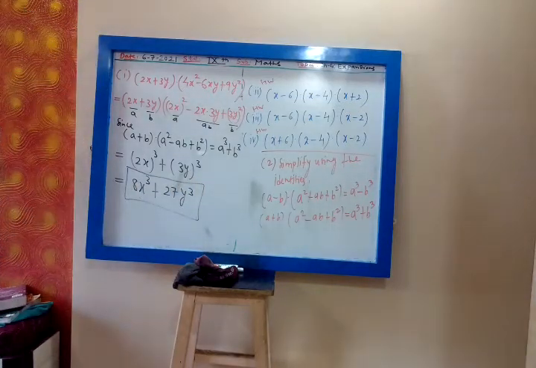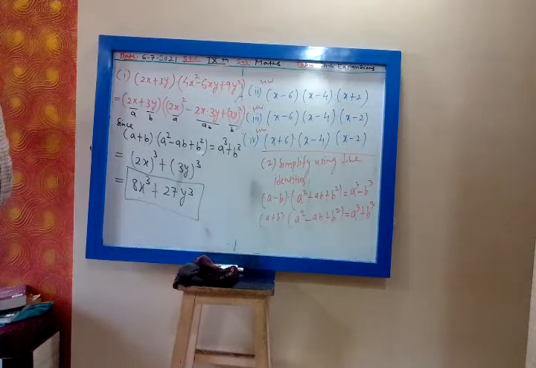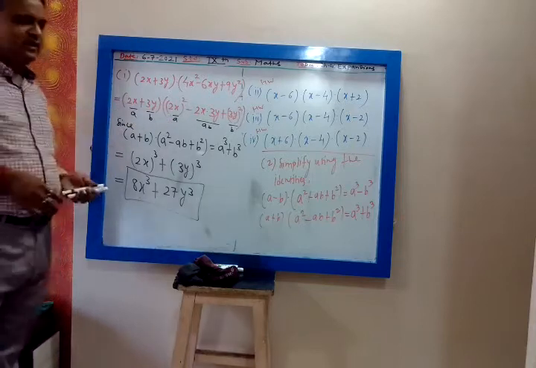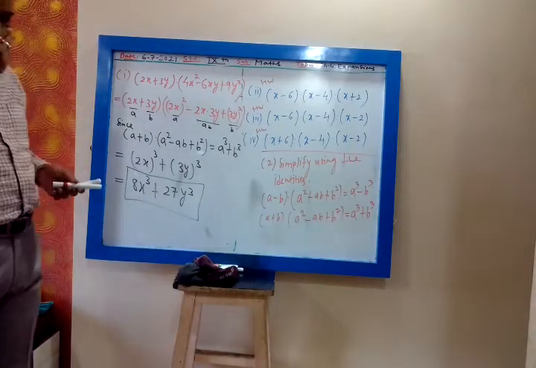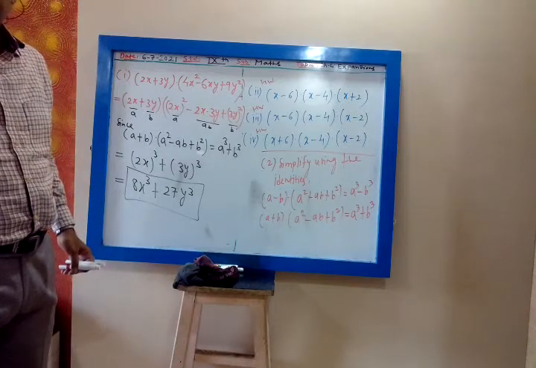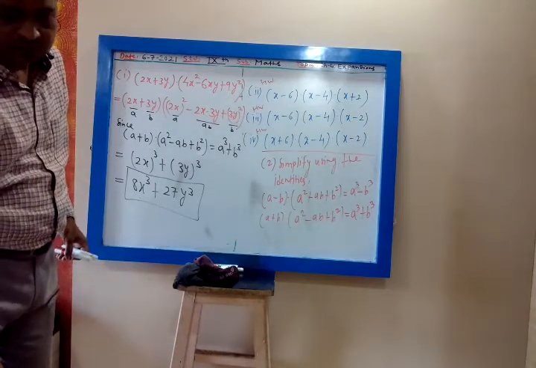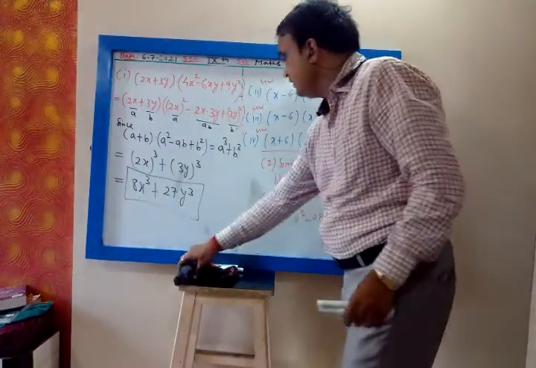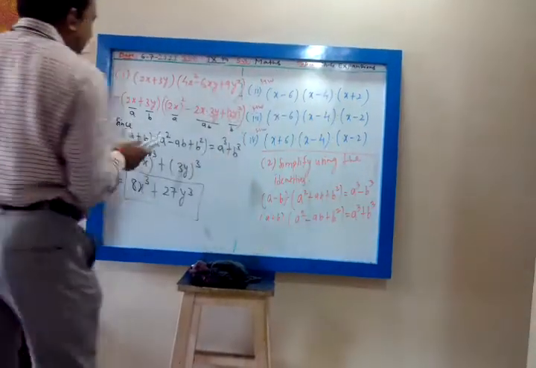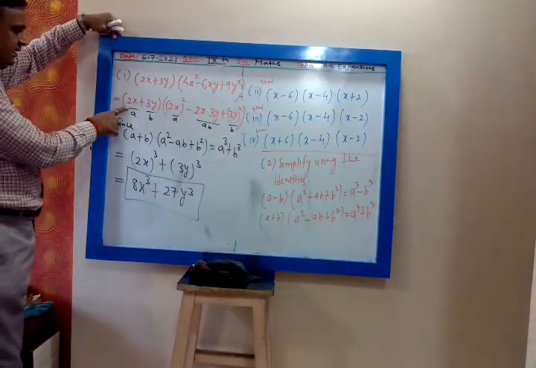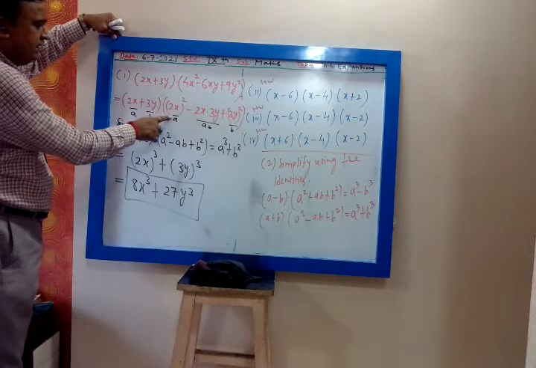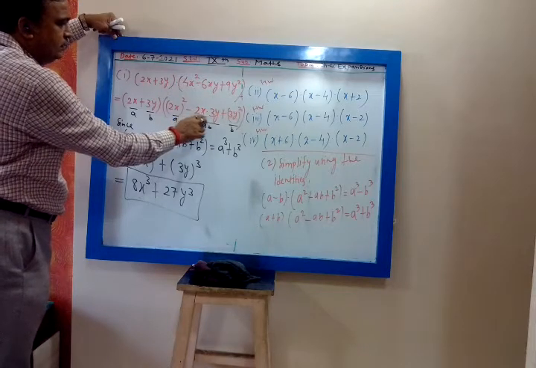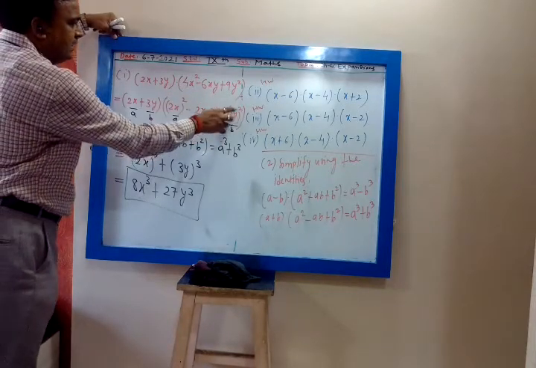You can write, just underline that and write a, underline that and write b, that's all. So a plus b into a square minus ab plus b square is a cube plus b cube. Now see this: this is a plus b into a square minus ab, 2x into 3y, 2 into 3, 6xy, plus 3y whole square.